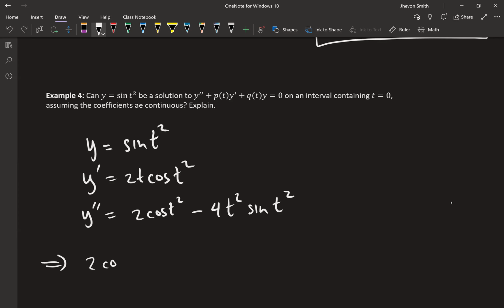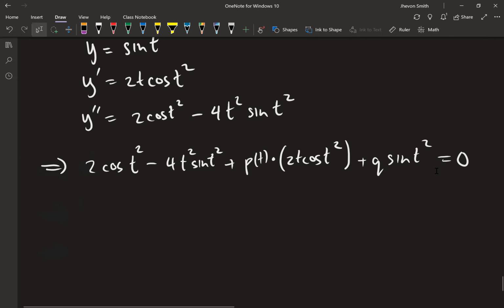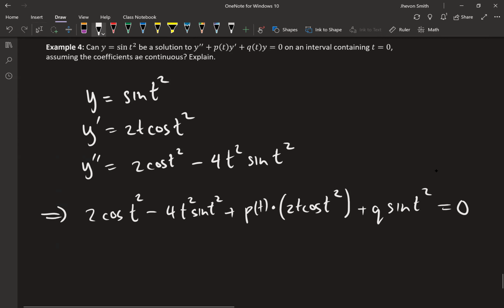However, if you write these guys up, this is a function.